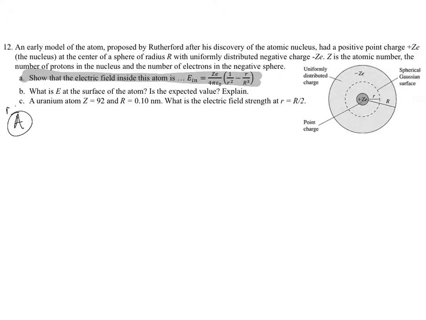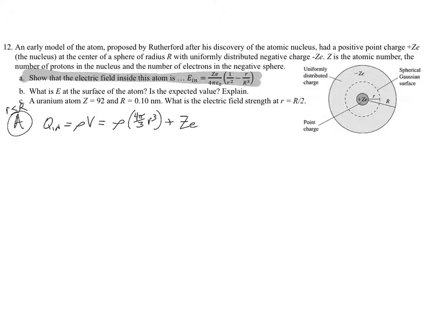So for inside the atom, which is our r less than R situation, once again, the charge inside would be volume charge density times volume, and again, our 4 pi thirds r cubed, and that's going to be plus whatever is at the middle.